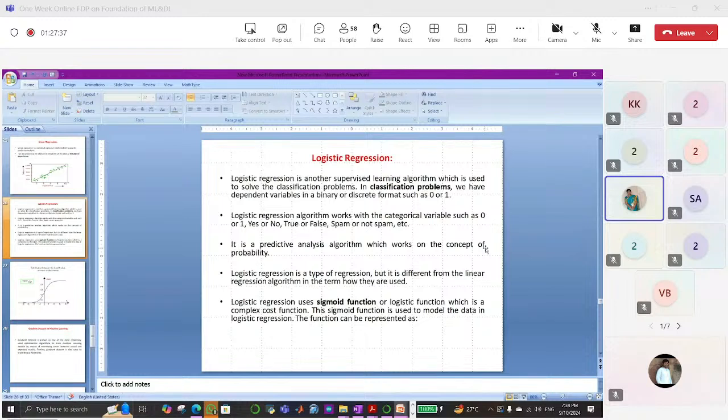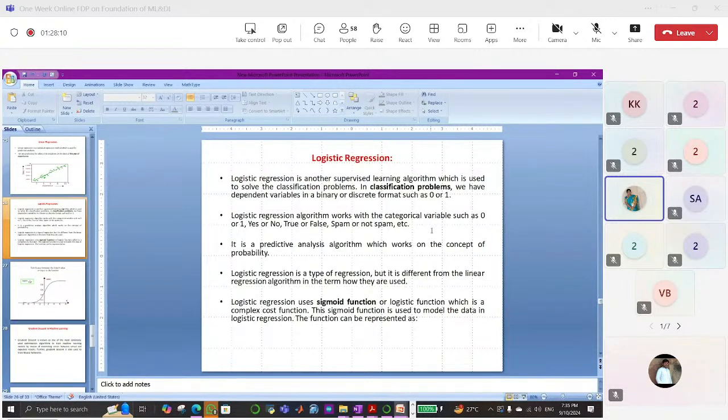Next, similarly, logistic regression. Logistic regression is another supervised learning algorithm and is also used for classification problem statements. We have dependent variables in a binary or discrete format such as 0 or 1. There can be many categories also. For decision making statements, here we are considering categorized variables such as 0 or 1, yes or no, true or false, spam or not spam.